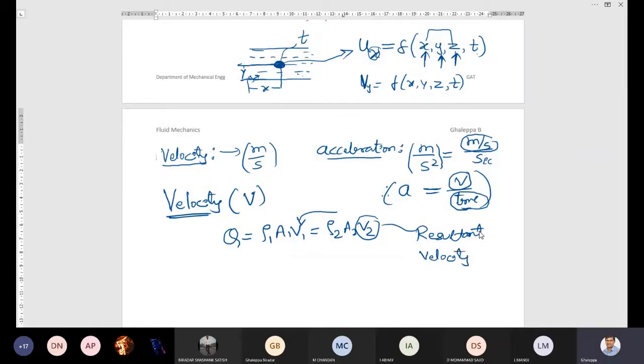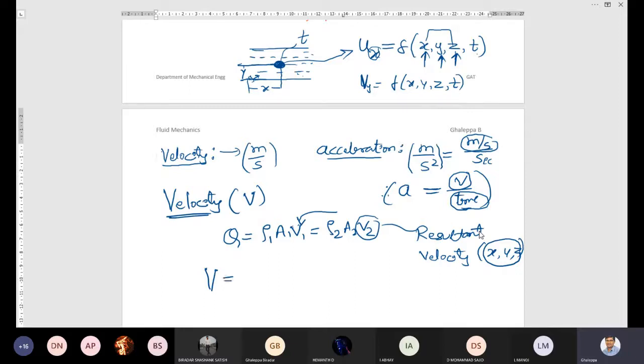It is not only the velocity in the x direction, not only in the y direction, and not only in the z direction. It is a resultant of all three directions that will be represented with V. Sometimes they may ask you to calculate the resultant velocity V for a given fluid flow.